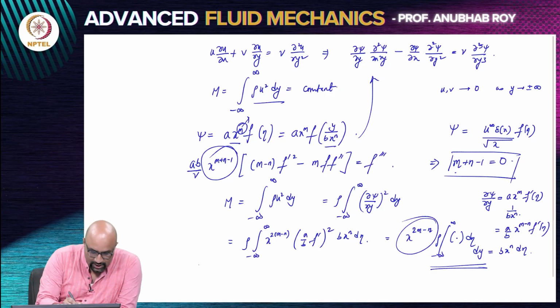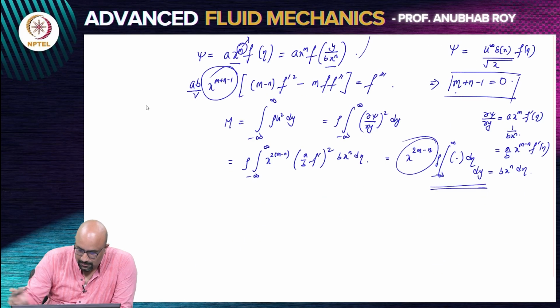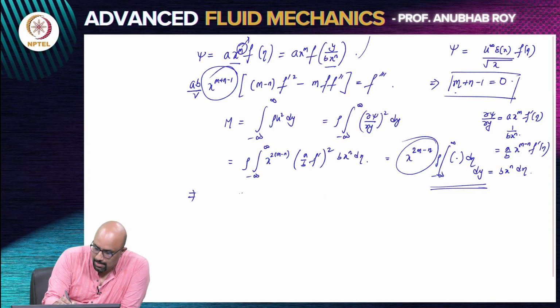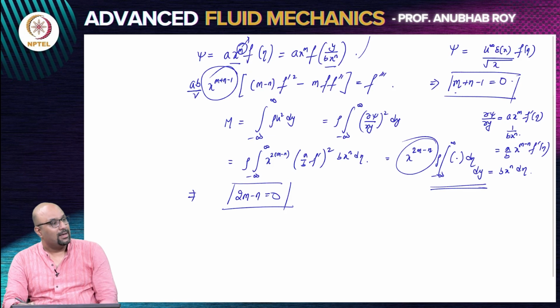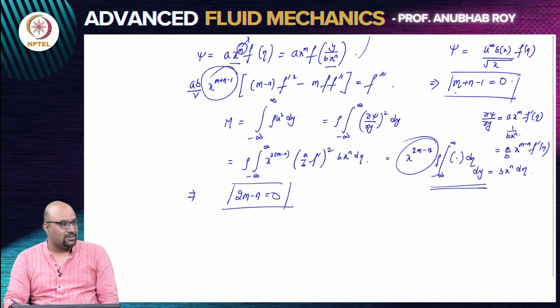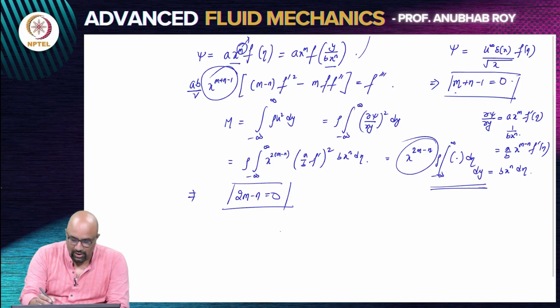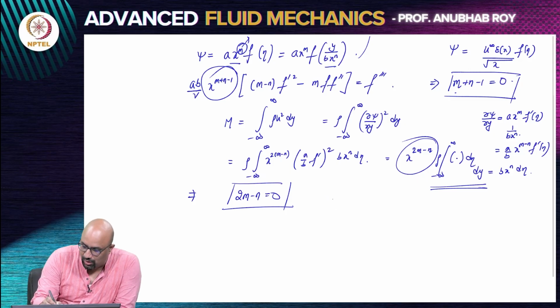So, my conclusion is 2m minus n is equal to 0. This is coming from the statement that I should have constant momentum flux at all x locations. So, if you now plug it here, n is equal to 2m, you are going to get m is equal to 1/3 and n is equal to 2/3.